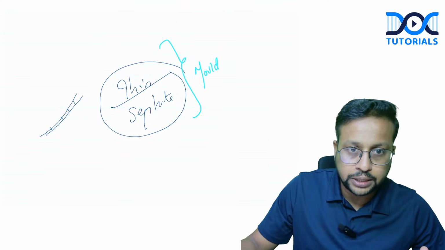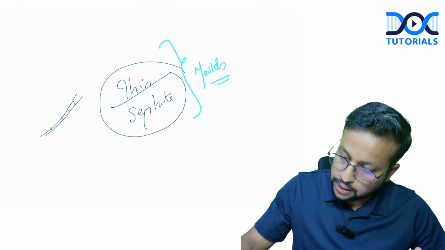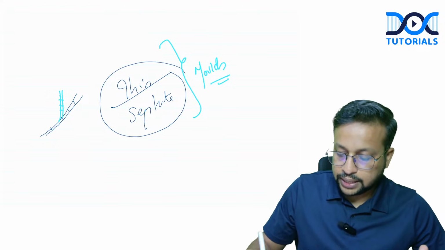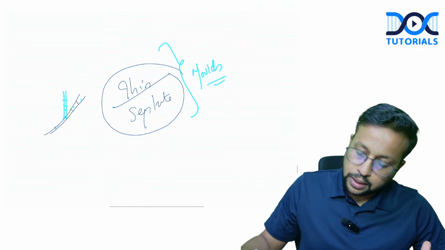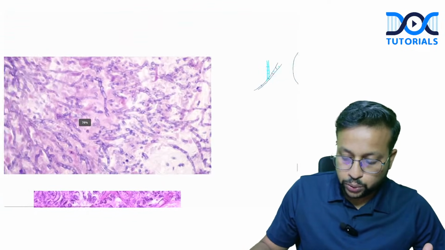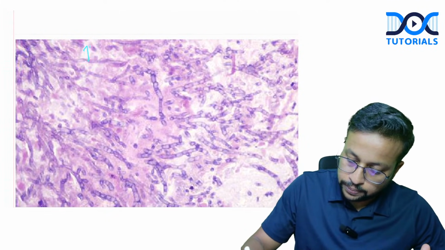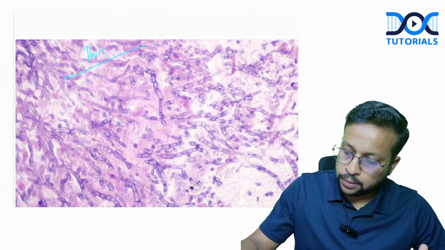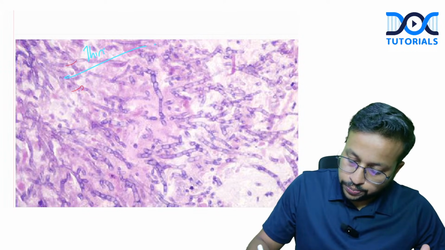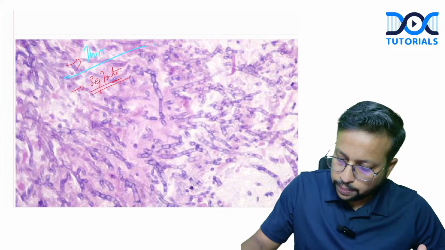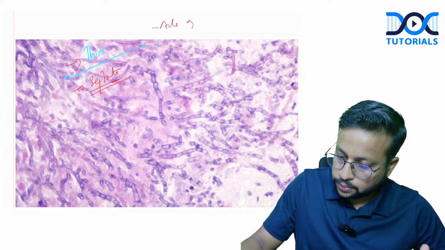Thin septate mold, and they branch at acute angles. So this is a typical appearance that you get for aspergillus. They are thin, they are septate, and they branch at acute angles.